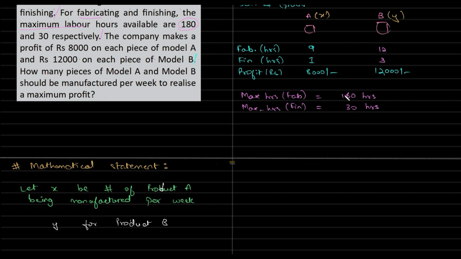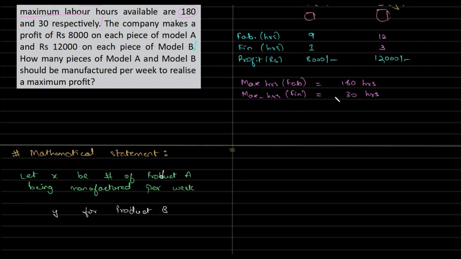Fabrication has a limitation of 180 hours, so 9 hours per product of x plus 12 hours per product of y should be equal to 180.